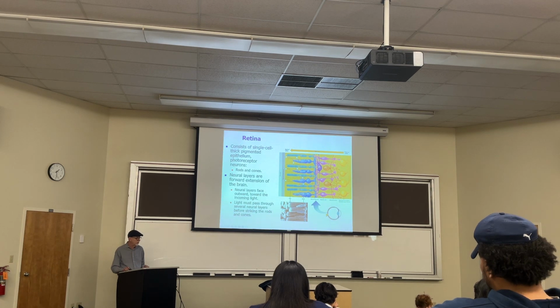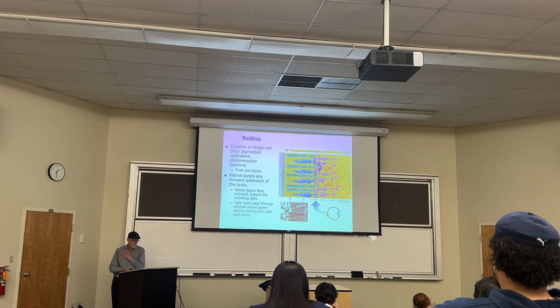No action potentials. We get depolarizations and hyperpolarizations in the photoreceptors and the bipolar cells, and we don't get action potentials in this direct visual pathway until we get to the ganglion cells.